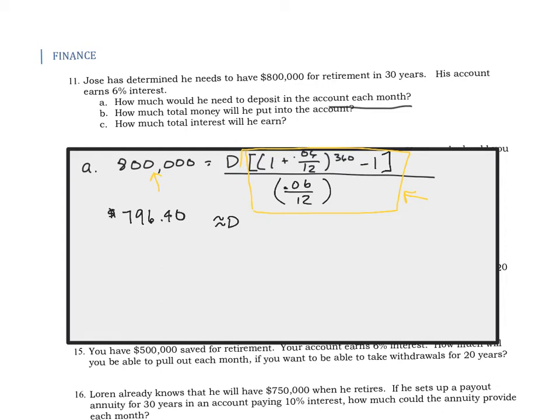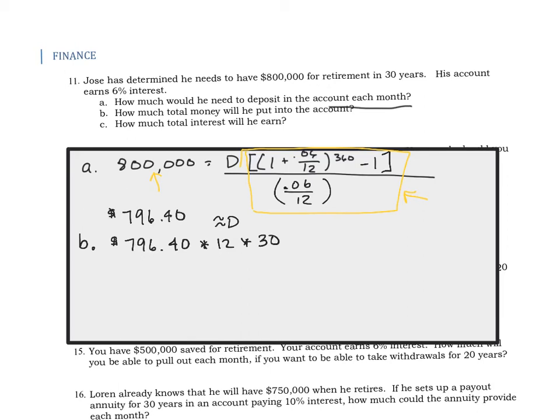All right, the next question, B, asks us how much total money will he put into the account. So he is depositing the $796.40. When you do your calculation, do not just use the previous answer with all of its trailing zeros, or else that difference is going to be compounded repeatedly as we multiply times 12, because he's depositing every month, and 30 years.